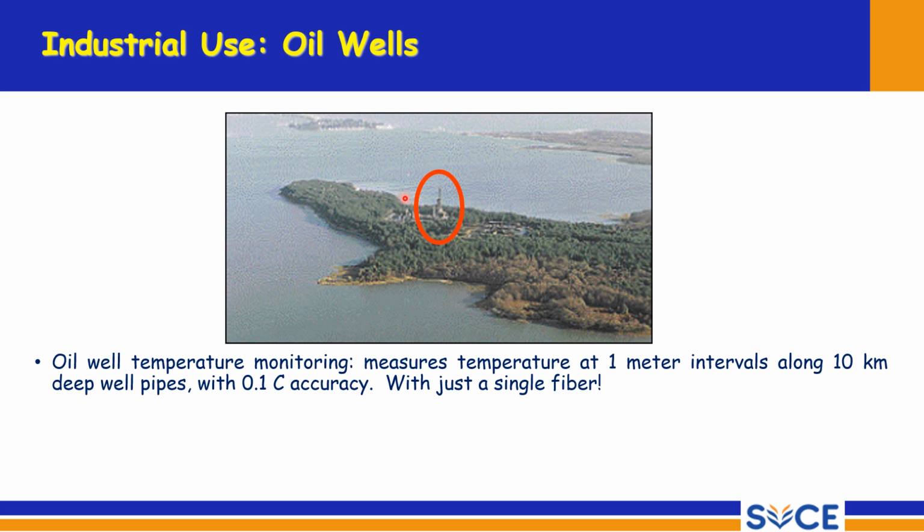Oil well temperature monitoring measures temperature at 1 meter intervals along 10-kilometer deep well pipes with 0.1 degree Celsius accuracy, with just a single fiber.